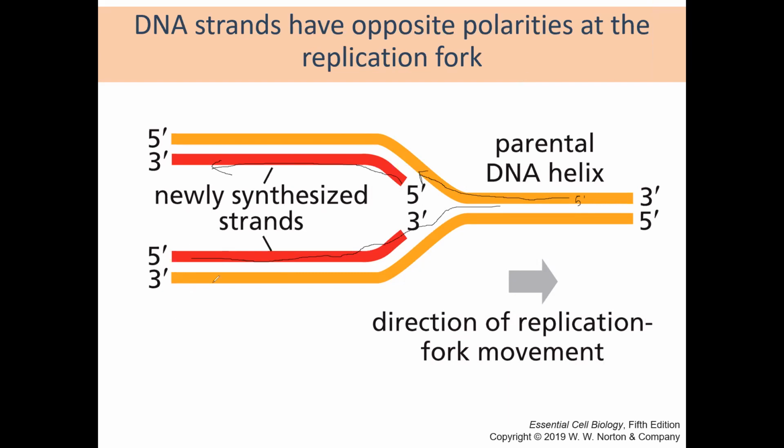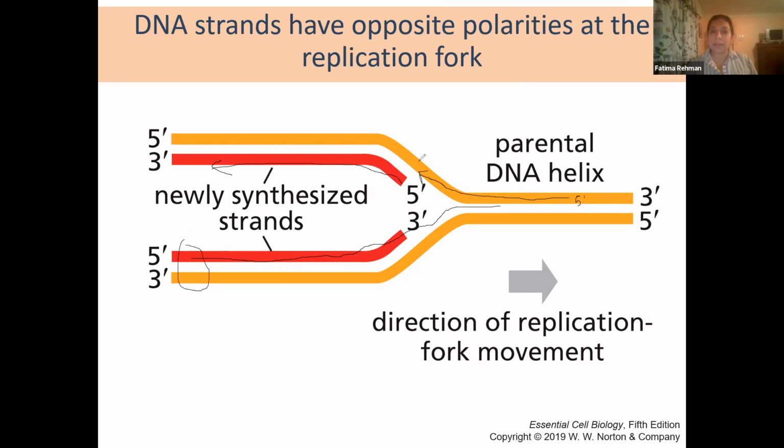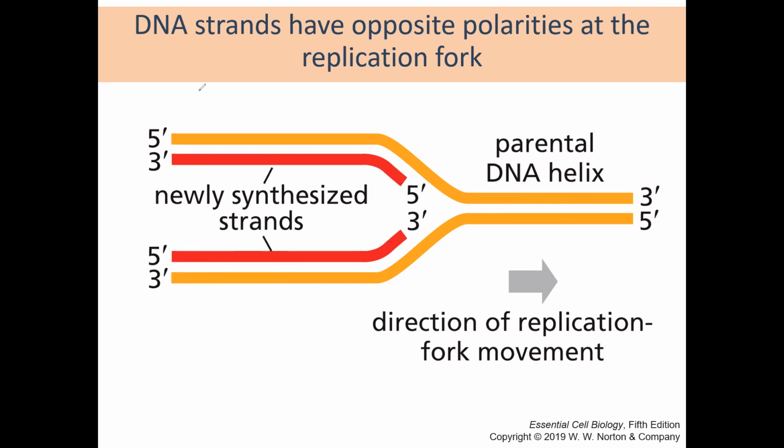So the one that's working on this side is not the same one that's replicating over there. There's a second one over here, right? And there may be another one that comes in, or this may fall off and then go back and replicate here. But it's going to be multiple complexes that are walking around the DNA. That's why it is able to do it in such a quick manner.